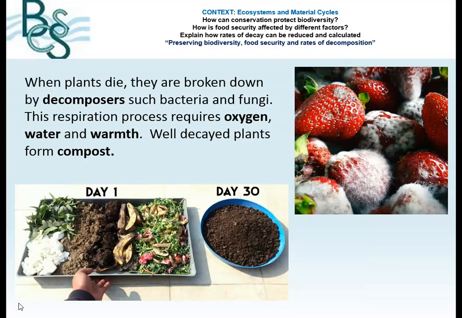So that requires oxygen, it requires water, and it requires warmth so that those enzymes can work at the correct temperature. Plants, when they're well decayed, form compost. Compost, I'm sure you've heard, is put back into the soil. It's high in nutrients. It's put back into the soil and is used by other plants for minerals to help them to grow.